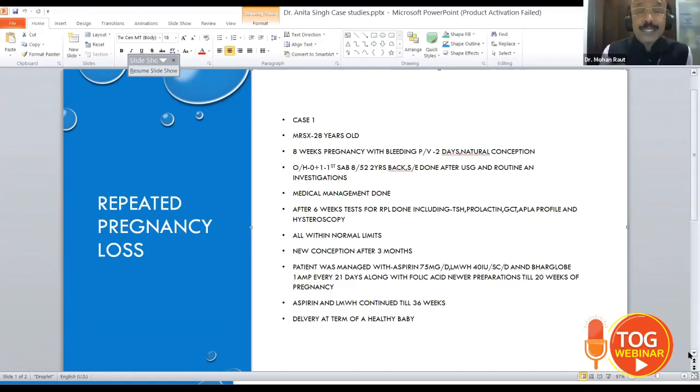Though the availability across India might be a little difficult, we have been getting it done across India for patients from different states. So it is possible to get it done and get the reports in time. Okay, so we will have to explore locally.